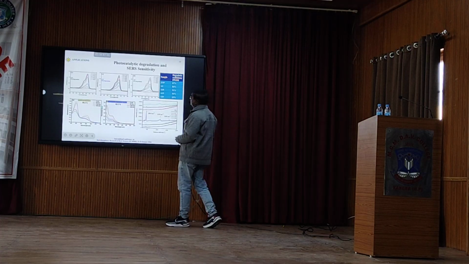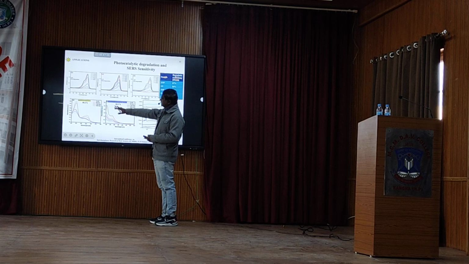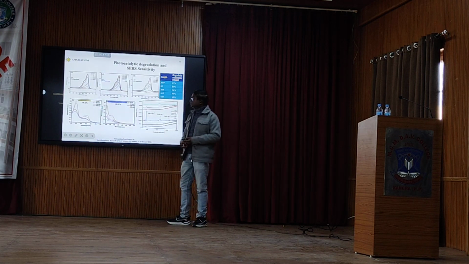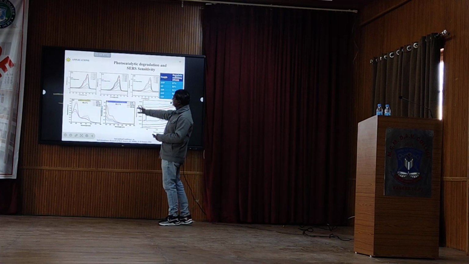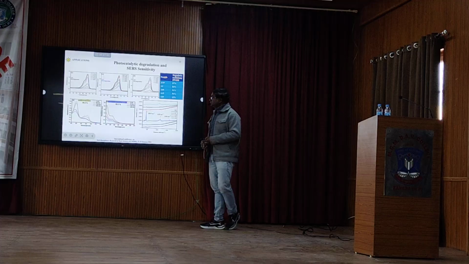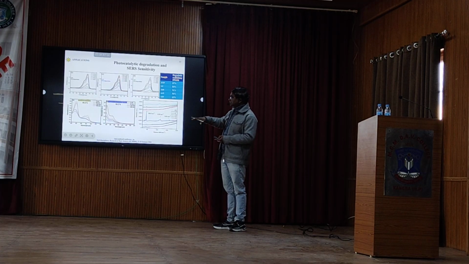So we used different kinds of materials: dyes, some drugs like ciprofloxacin, a normal drug that we generally use, and tetracycline. So different organic molecules have been used, and we have checked the efficiency of these materials.